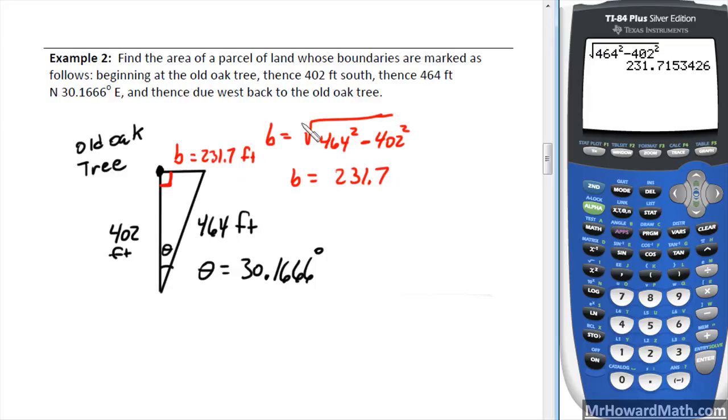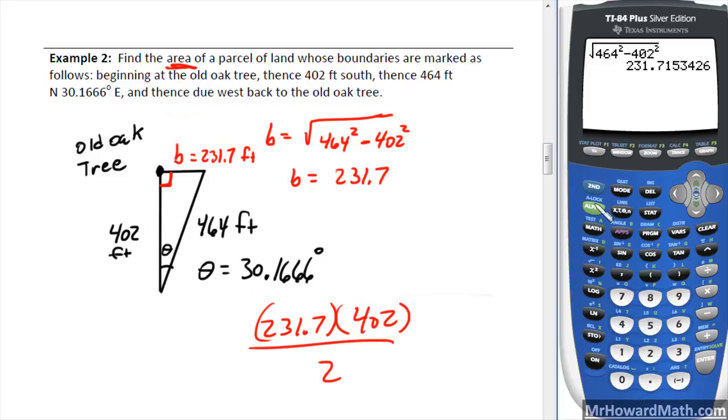So we want the area. That's what they asked us for in the beginning. So that would be the base, 231.7, times the height of the triangle, which would be the 402, all over 2. So I'll use my fraction button here. Let's try that again. There we go. 231.7 times 402 in the numerator, all over 2.